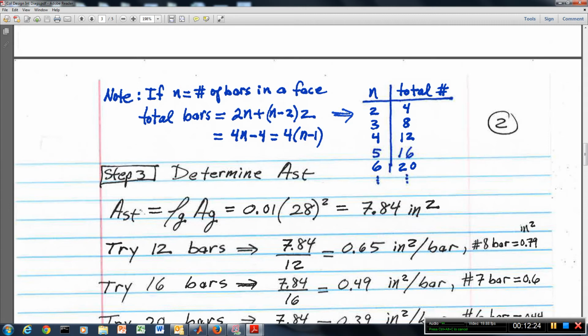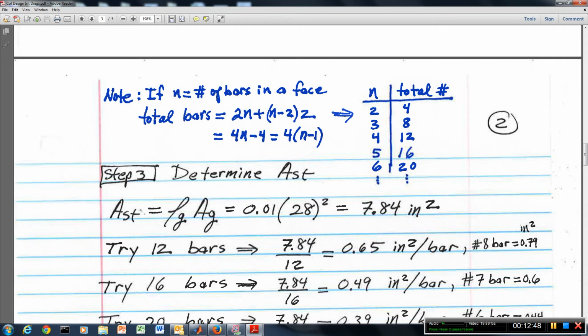Now, I want you to notice that if we have an equal number of bars in all four faces of our concrete column, then for n being the number of bars in each side face, there is a relationship for n and the total number of bars.